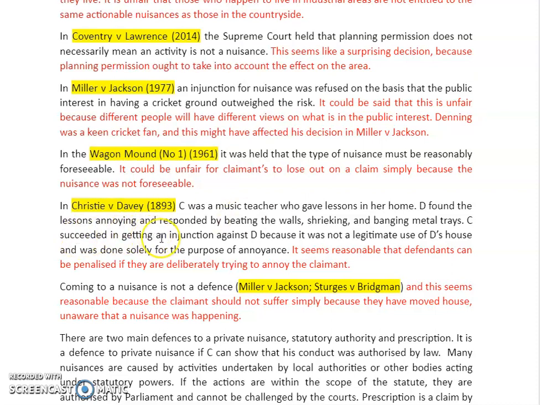And our claimant succeeded in getting an injunction against the defendant because it wasn't a legitimate use of the land. Beating the walls and shrieking was not a legitimate use. In other words, the defendant wasn't wanting to do that anyway. Its sole purpose was to annoy the claimant. And it seems reasonable that defendants can and should be penalised if they're deliberately trying to annoy the claimant.